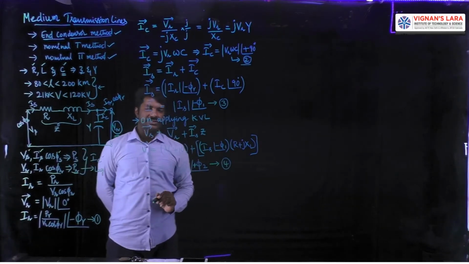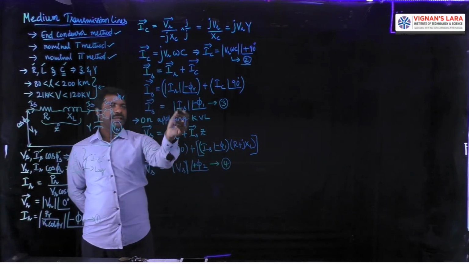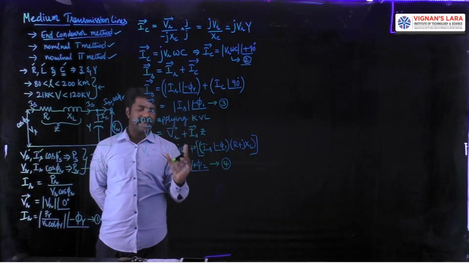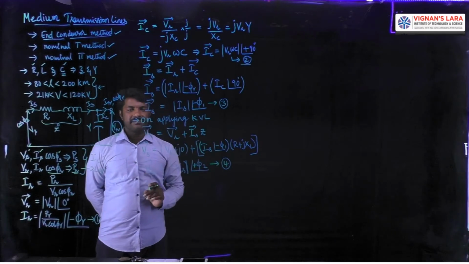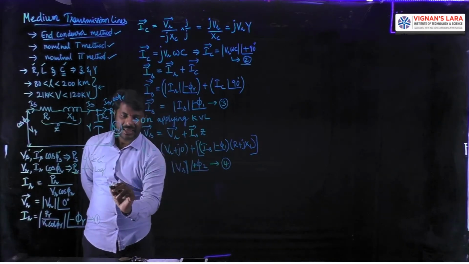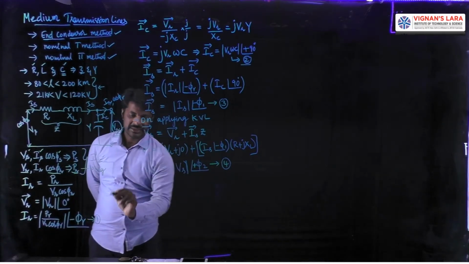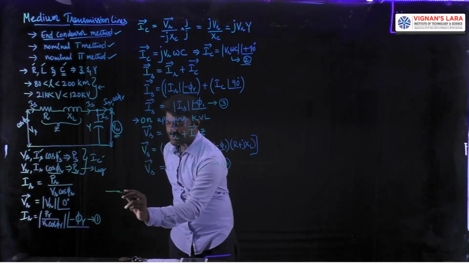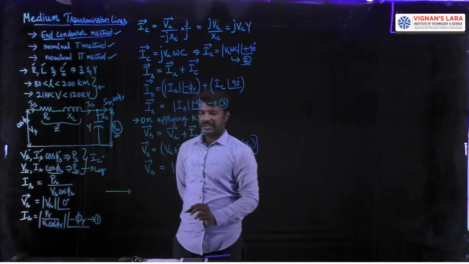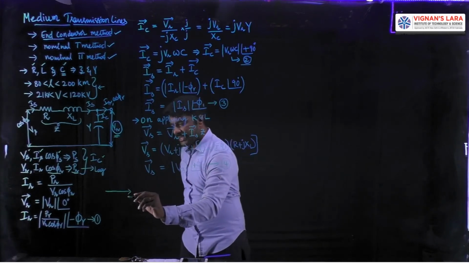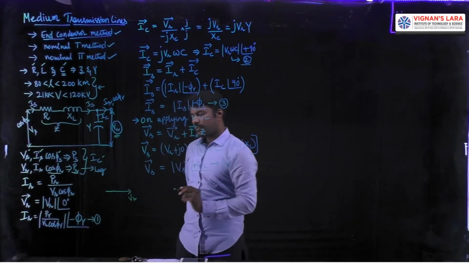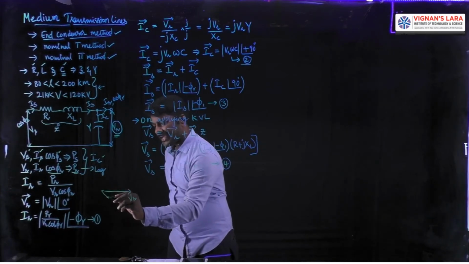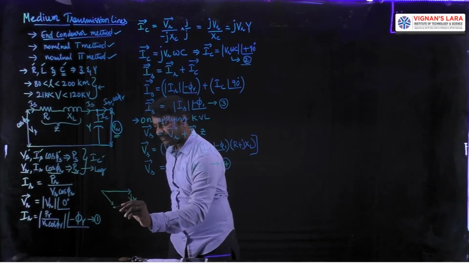Then how to get this cos phi s? Once obtaining the values of this IS and Vs, then roughly we can analyze the phasor diagram. What is the phasor diagram? Yes, we know that this is the voltage VR which was taken as reference. With this voltage VR, we know that the current IS is a lagging quantity.